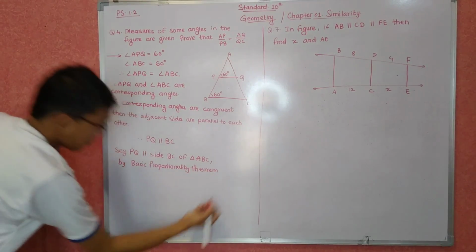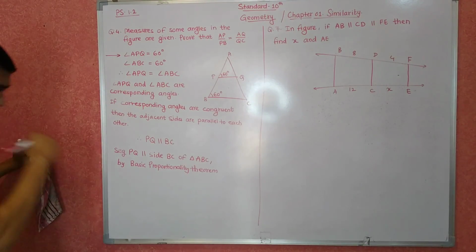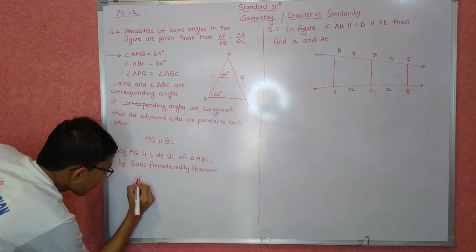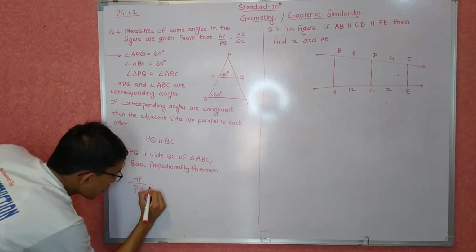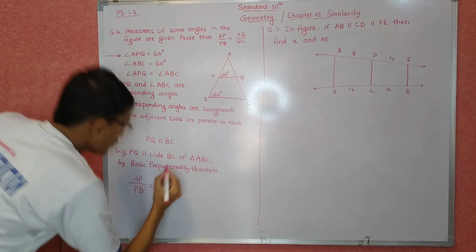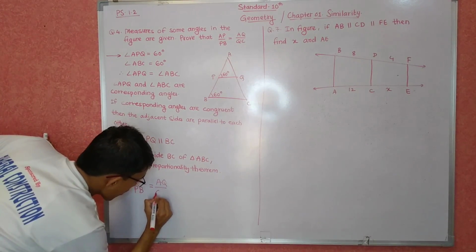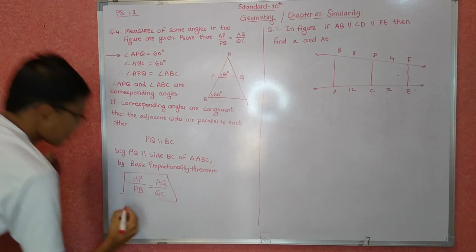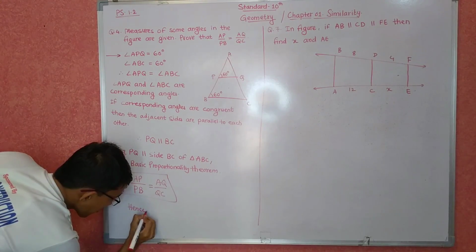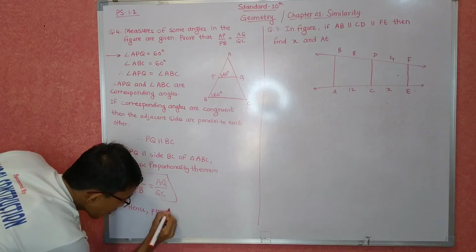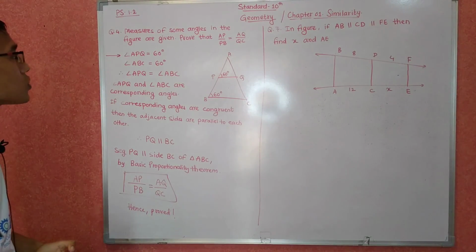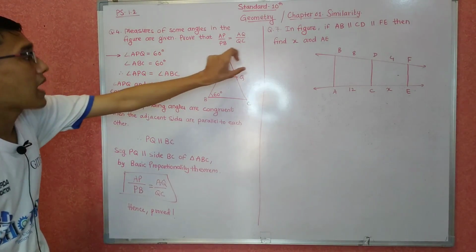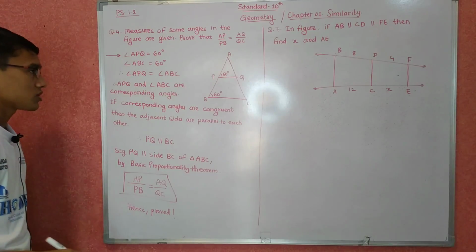Okay, so by this theorem we can write AP upon PB is equal to AQ upon QC, and this is the required answer. Hence proved. Okay, so this way we can prove that the ratios AP upon PB and AQ upon QC are equal to each other.